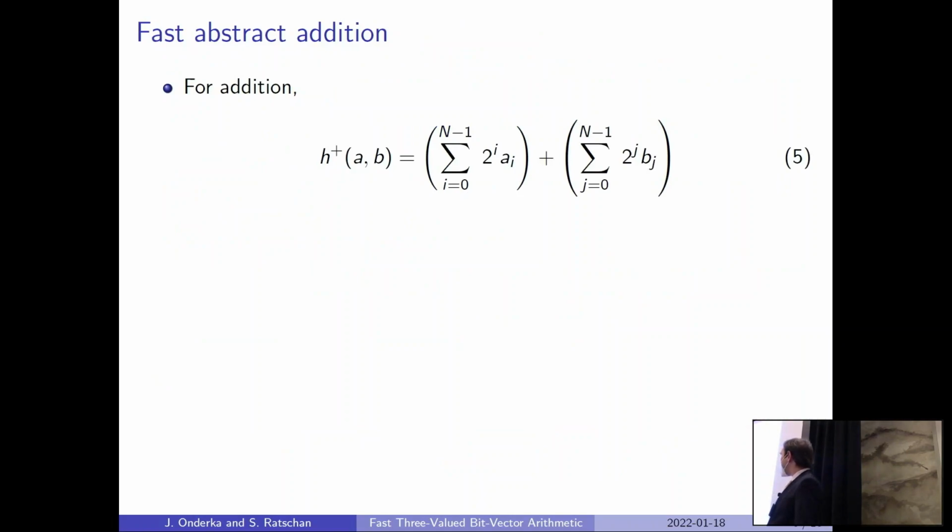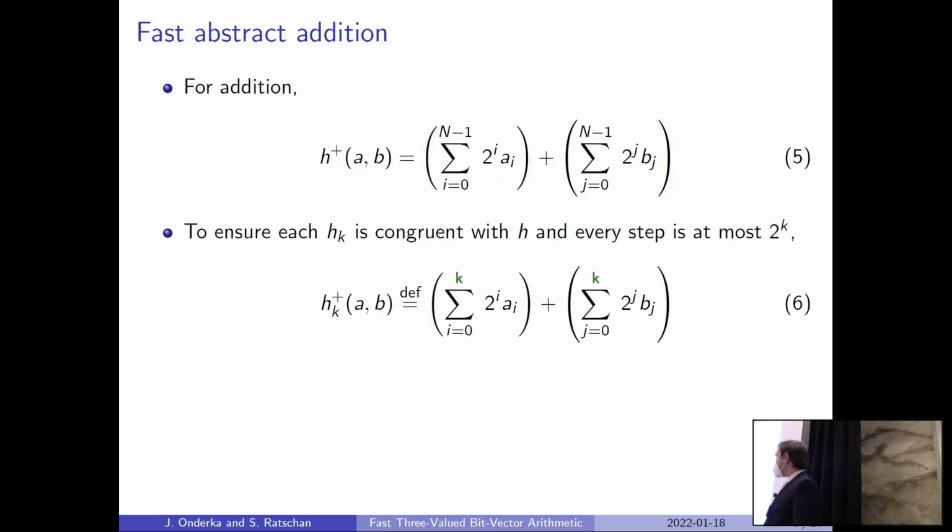And how will this help us? Well, for addition, the pseudo-Boolean operation function is defined like this. Basically, we take all the bits, we scale them based on the position of the bit, and we add both the bit vectors a and b together. Now, if we want to make sure that each h_k is congruent with h modulo 2^(k+1), but every step is at most 2^k, we can just remove the summands with coefficient divisible by 2^(k+1).